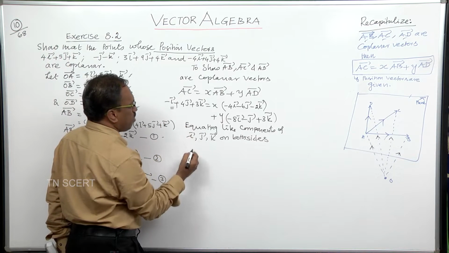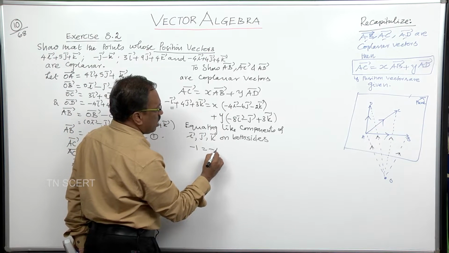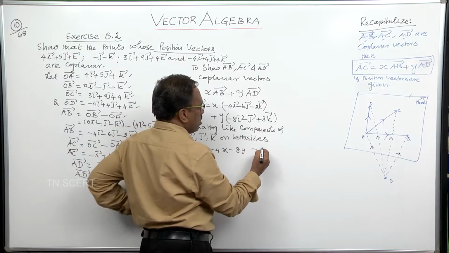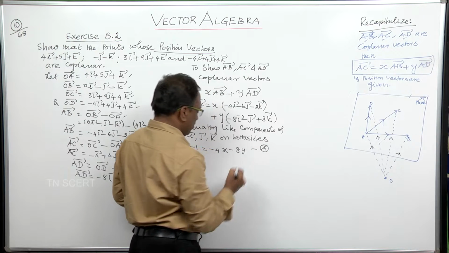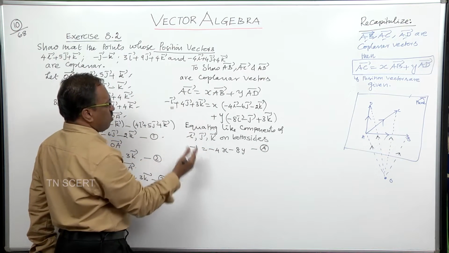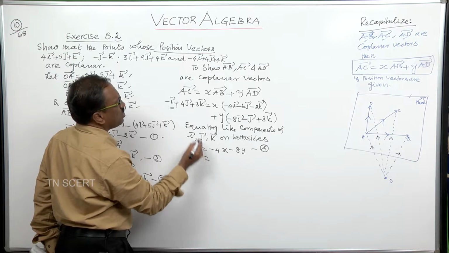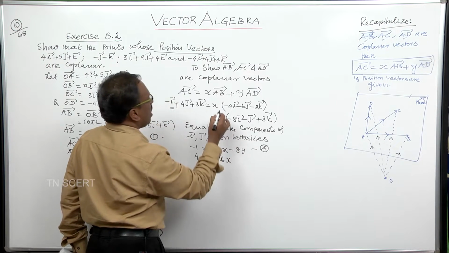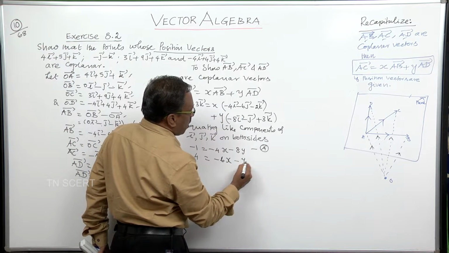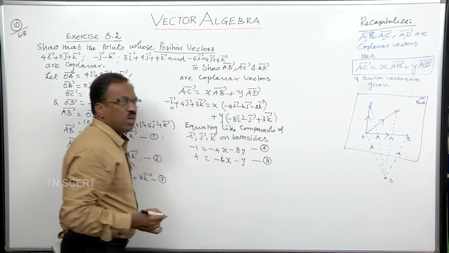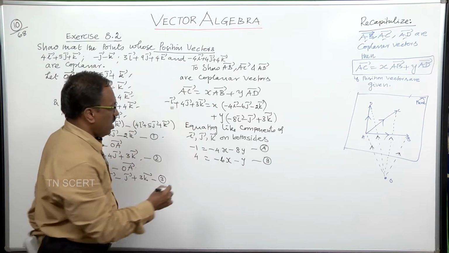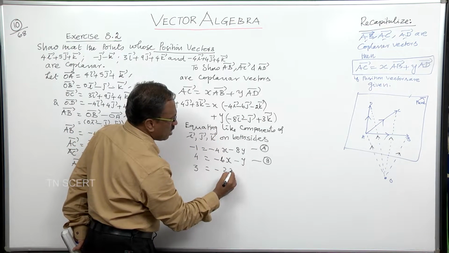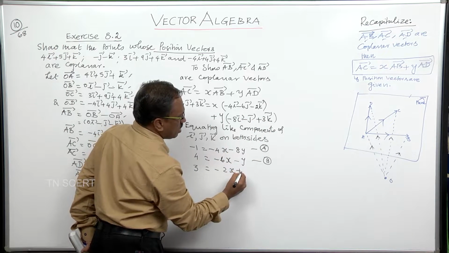Here i is minus 1, and here it is negative 4x, and here it is negative 8y, that is equation A you take. And solving this, 4 is equal to negative 6x, then negative y, that is equation B. Next one, let us take k, 3 is equal to minus 2x, then y into this, 3y.